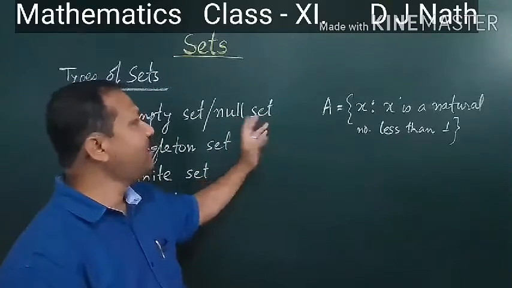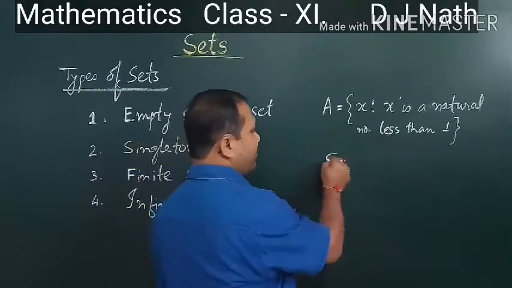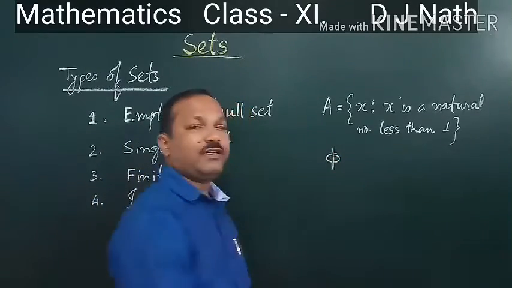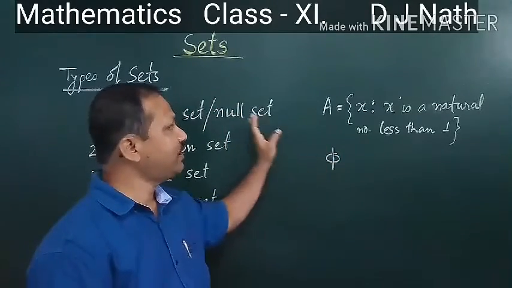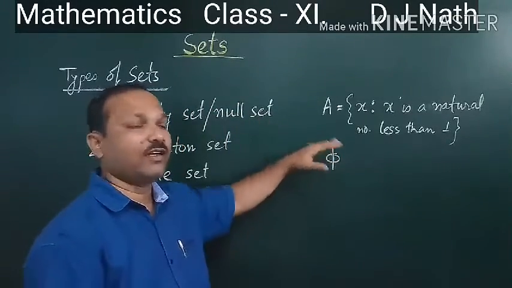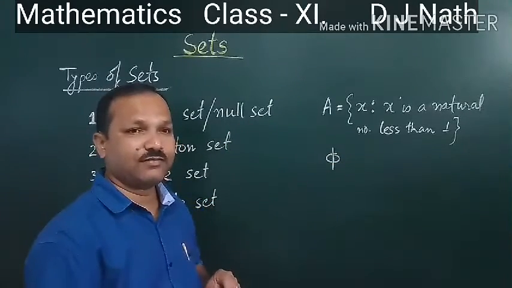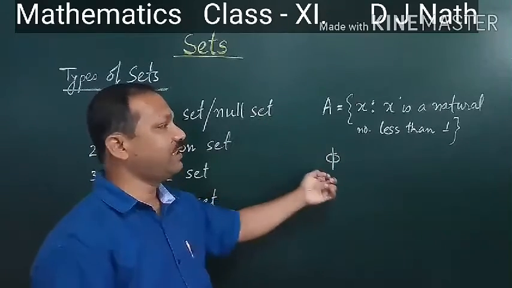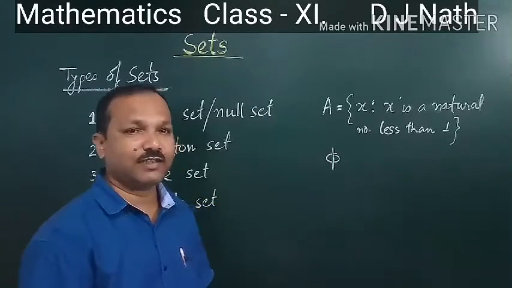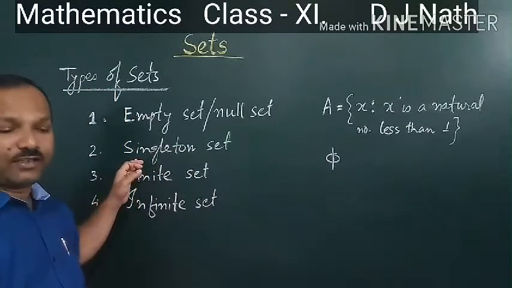Generally a null set or empty set we denote by phi. There are Greek letters which are used in different representations of sets. So phi we generally represent as a null set. Next, what is a singleton set?